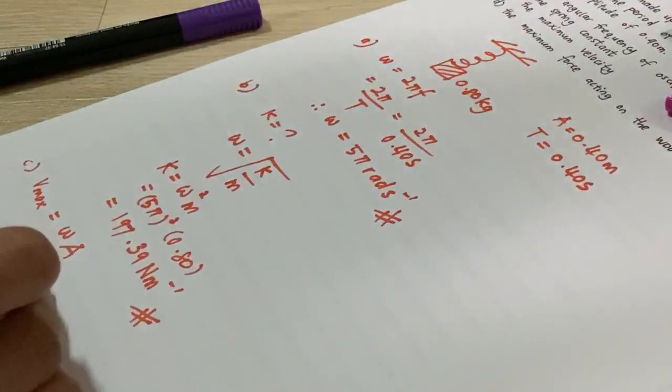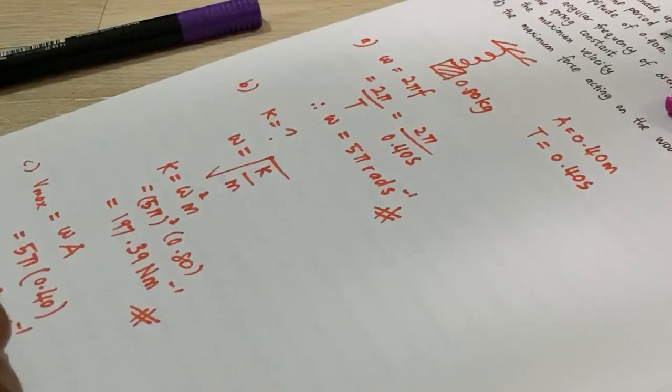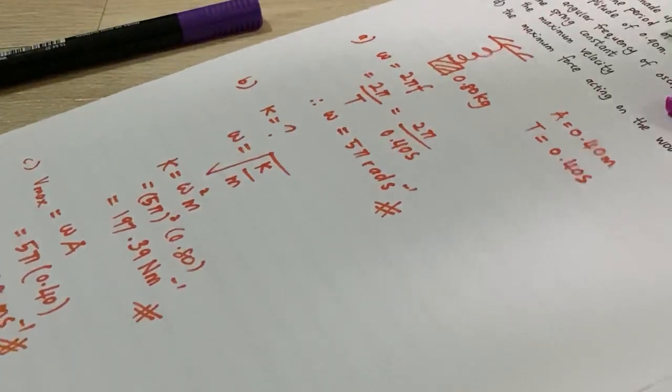So we substitute here 0.4. For maximum velocity, the answer is 6.28 meter second minus 1.